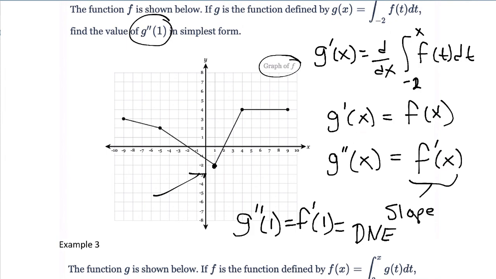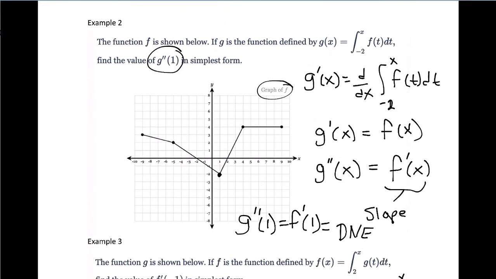But this idea of where do these things line up is a really important thing. I'll do some more examples from the assignment, but this should get you started on that first section of the assignment.